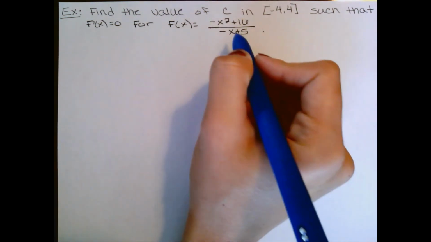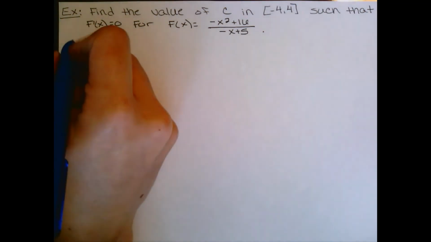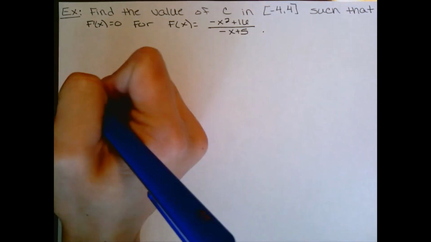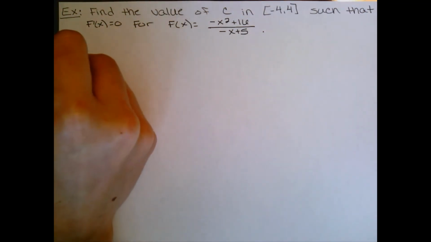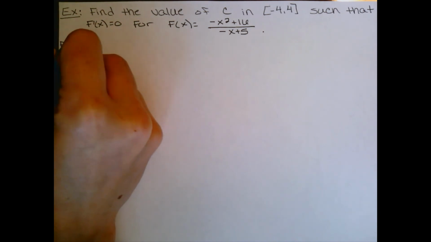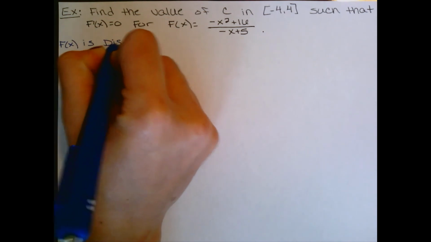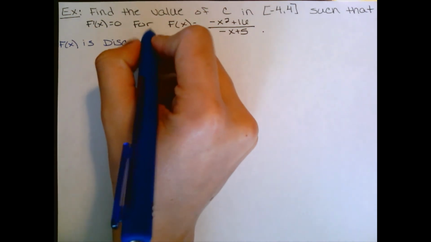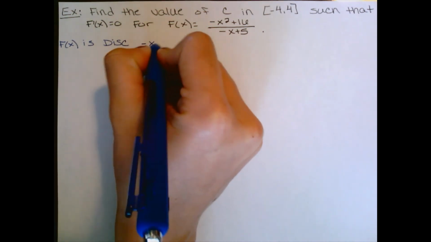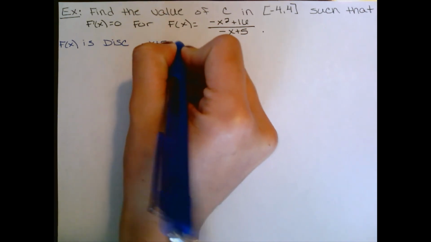Because this is a rational function, I know that rational functions always have a discontinuity when the denominator equals 0. So I'll start off by saying that f of x is discontinuous when the denominator, which is -x plus 5, equals 0.